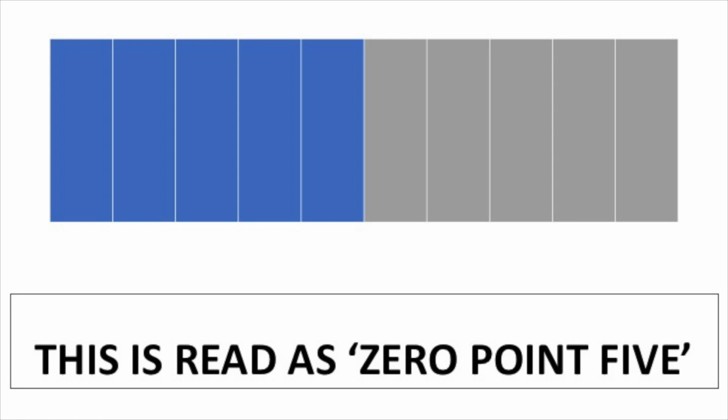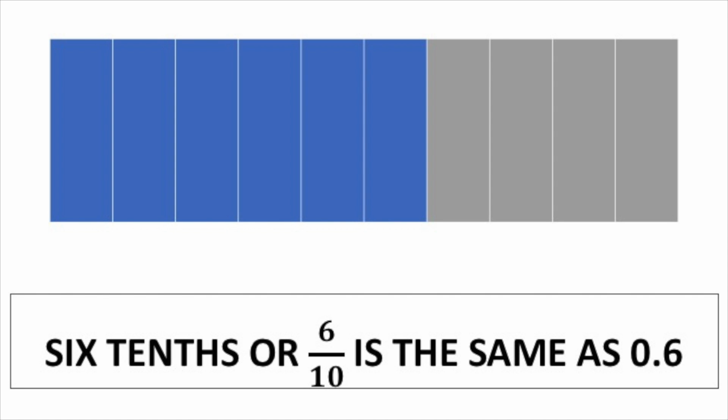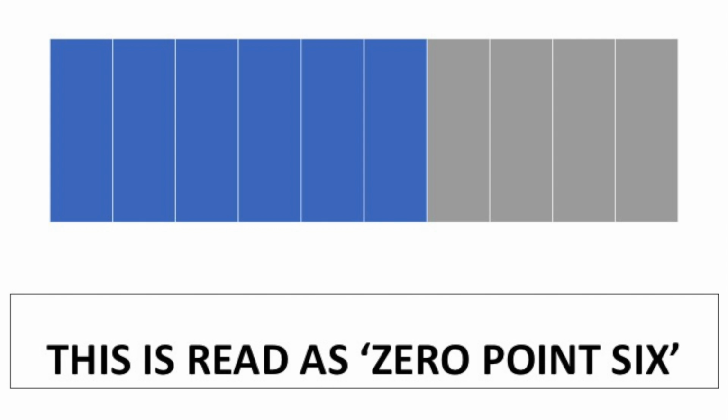Okay, now we're going over half. What comes after 5? 6. 6/10 is the same as 0.6. And this is read 0.6. Now what's next?